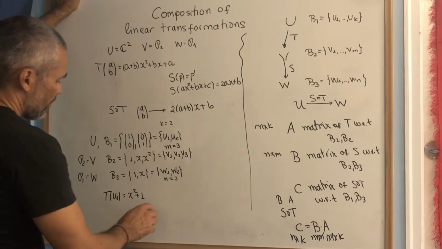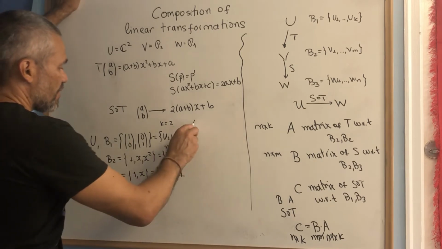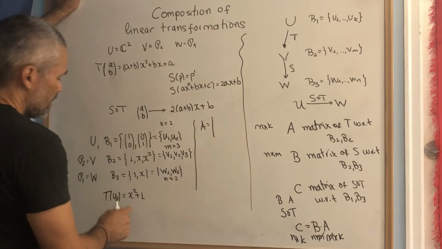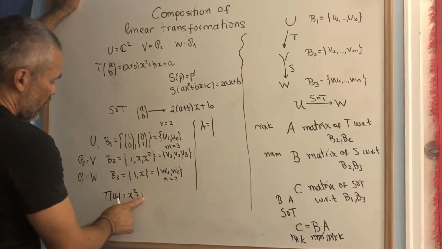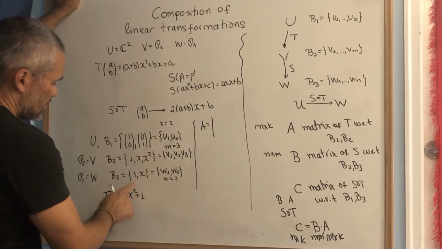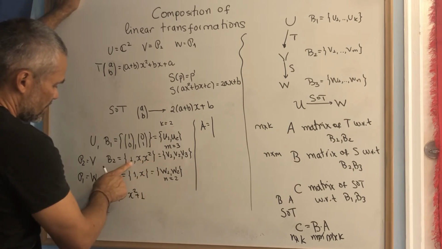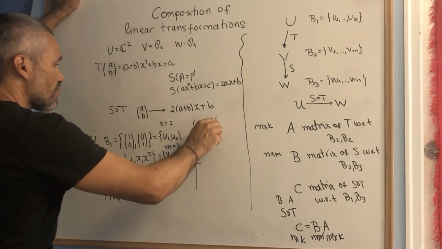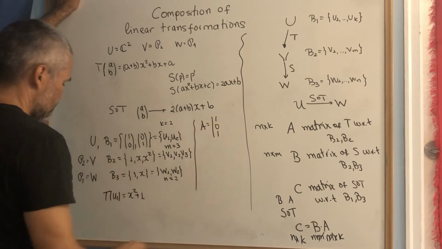Then the first column of A is going to be the coordinates of this vector with respect to this basis. This vector is 1 times this vector plus 0 times this vector plus 1 times this vector. Then the coordinates are 1, 0, 1.